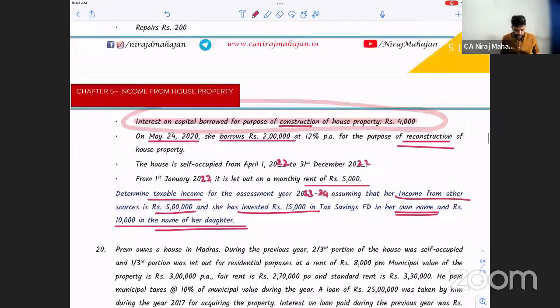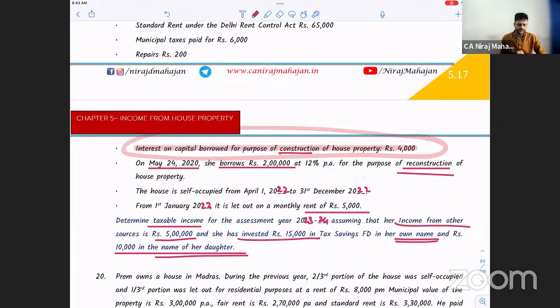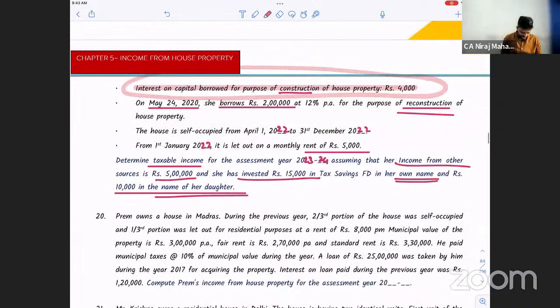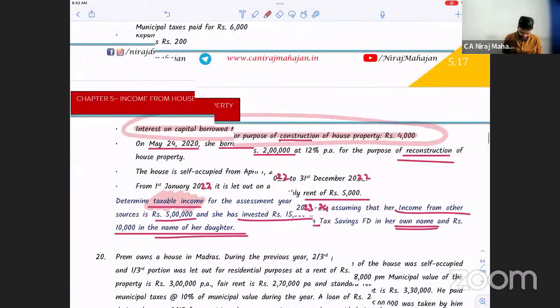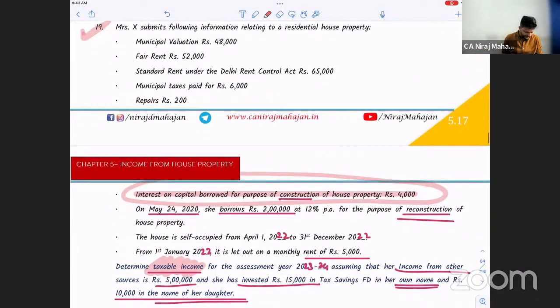Obviously, I only expect you to do income from house property, but the question is asking you about taxable income. So I'll give you the regular format, and then in that regular format, you'll give me income from house property. Is it okay? Should I go ahead? Right now.